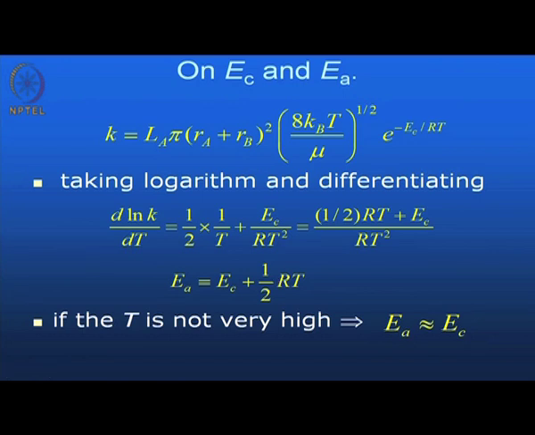This half RT is coming as a result of the term which has a square root of temperature dependence. So k has one term with an exponential dependence and another with a square root of T dependence. So basically EA and EC are separated by a half RT term. If the temperature is not very high, this term will be small.